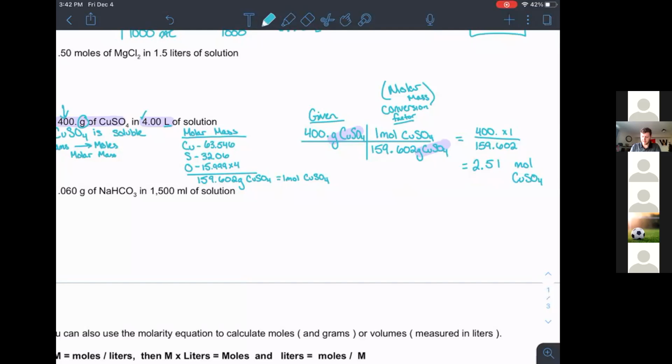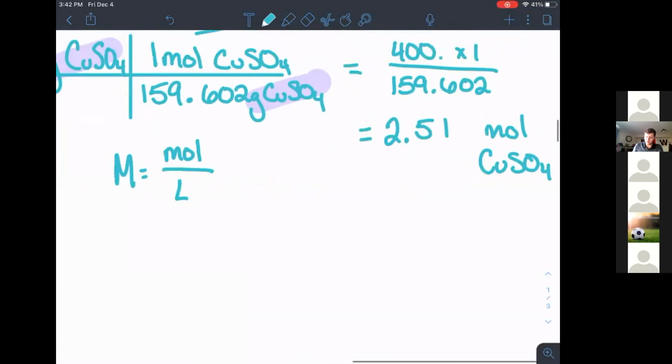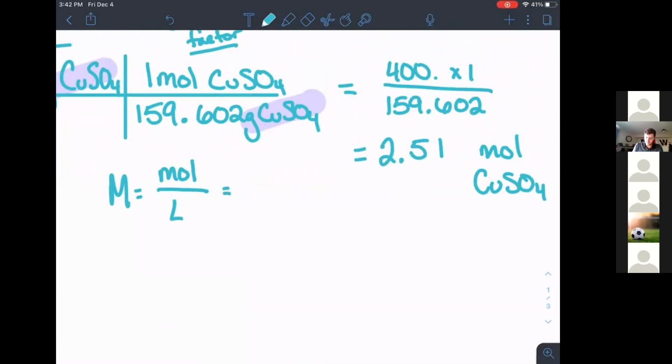Yes. All right, so we have our molarity calculation is equal to the moles divided by the liters. We're going to take that 2.51 moles divided by the 4.00 liters.